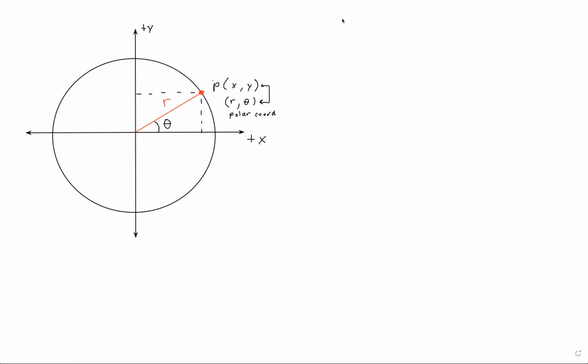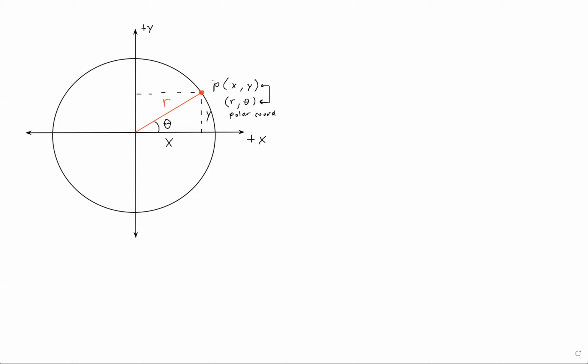So with that, the length from the center to this point is x. We'll label the base of the triangle x. And then the distance from here to here, to locate this point using the XY coordinate frame, is just equal to y.